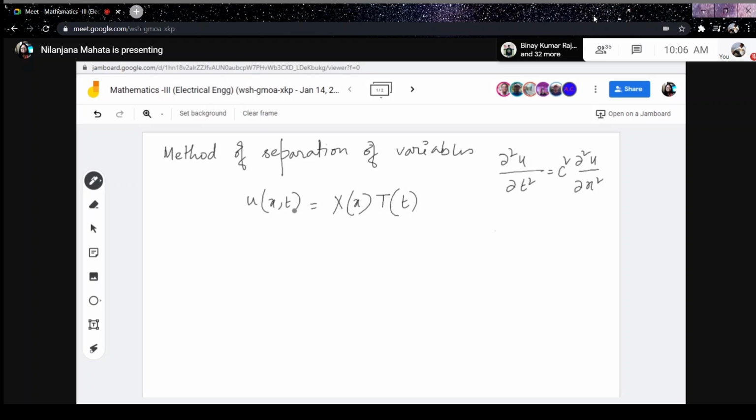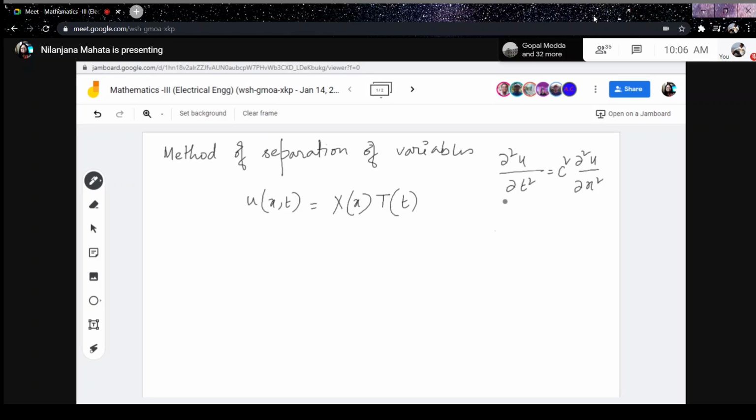I will try to find the solution in such a way that we can express it in this form, where one factor is only dependent on x and one is only dependent on t.